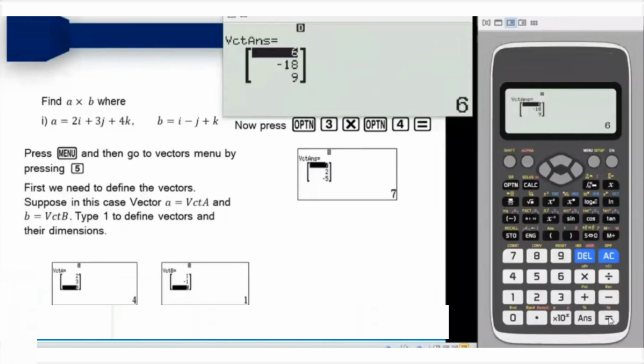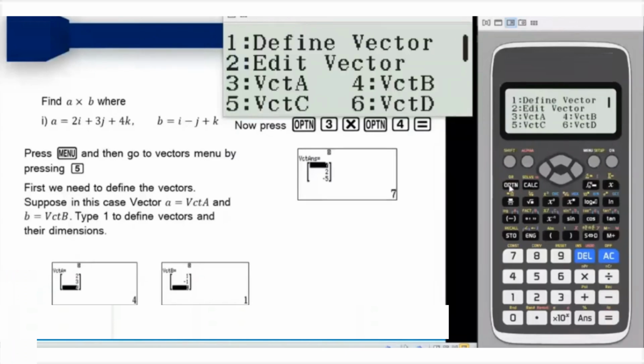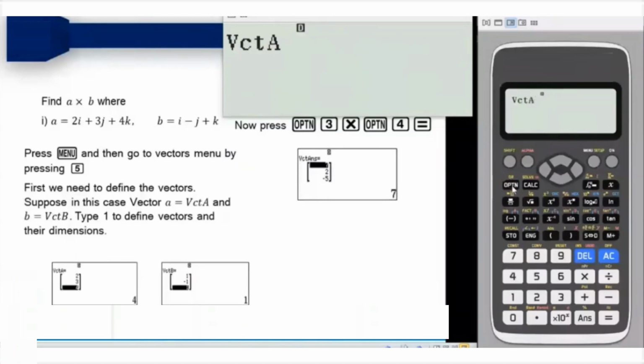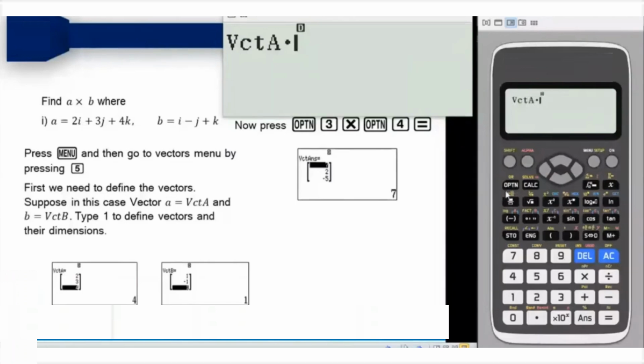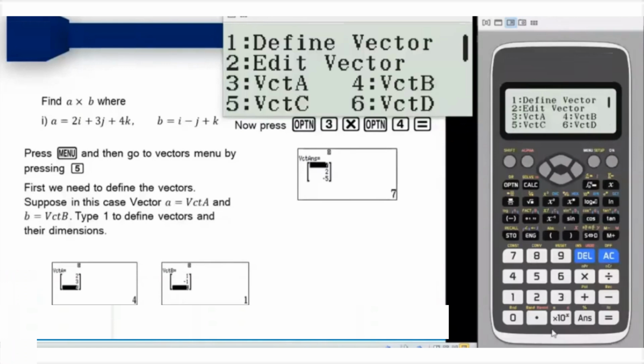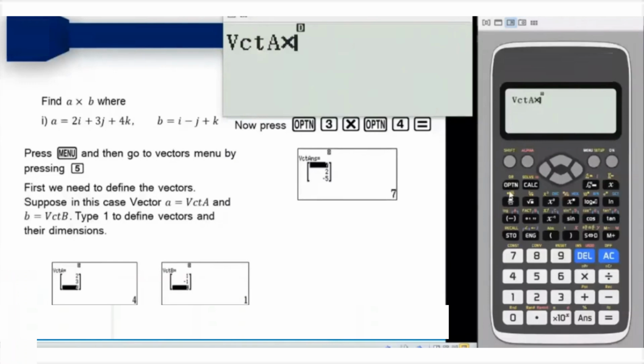Then if I need to find the dot product, I will press option 3, that is vector A. Option, I scroll down, I press 2, dot product with vector B, so option 4. So I got the dot product between vector A and vector B. And if I need to find the cross product, all I need to do is option 3 multiply by option 4. So this signifies the cross product, that is 6, 7 and 10. I hope this is clear.